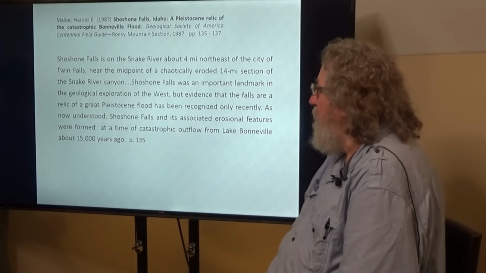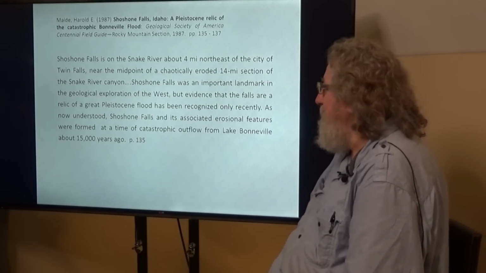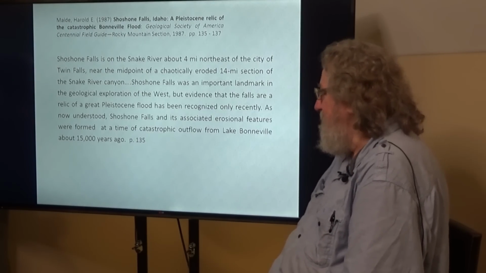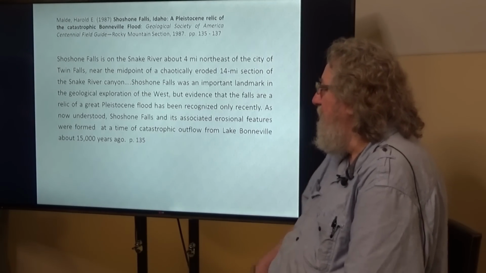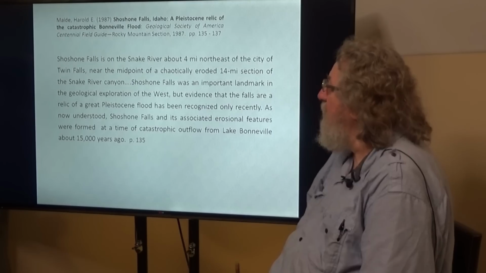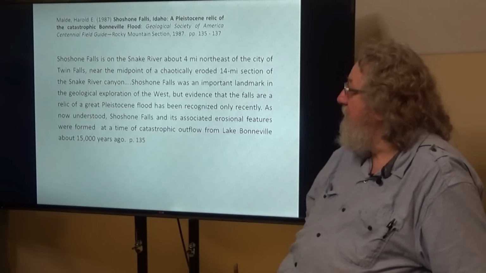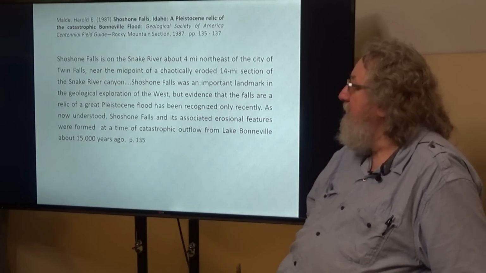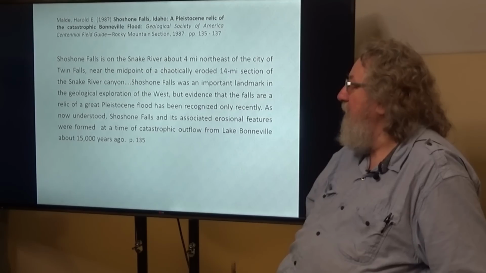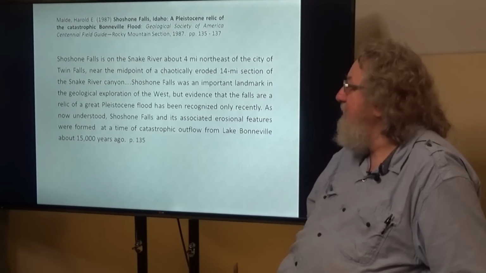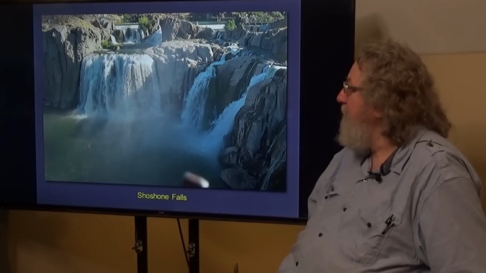As now understood, Shoshone Falls and its associated erosional features were formed at a time of catastrophic outflow from Lake Bonneville about 15,000 years ago. And again, that's Malde writing again after his seminal paper of 1968. This is 1987, 19 years later.